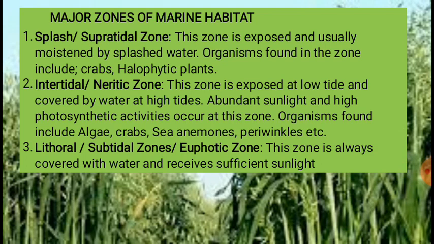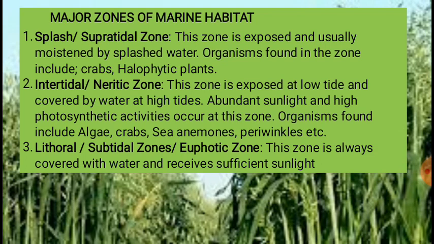We have number 2, the intertidal or neritic zone. This zone is exposed at low tide and covered by water at high tides. Abundant sunlight and high photosynthetic activities occur at this zone.